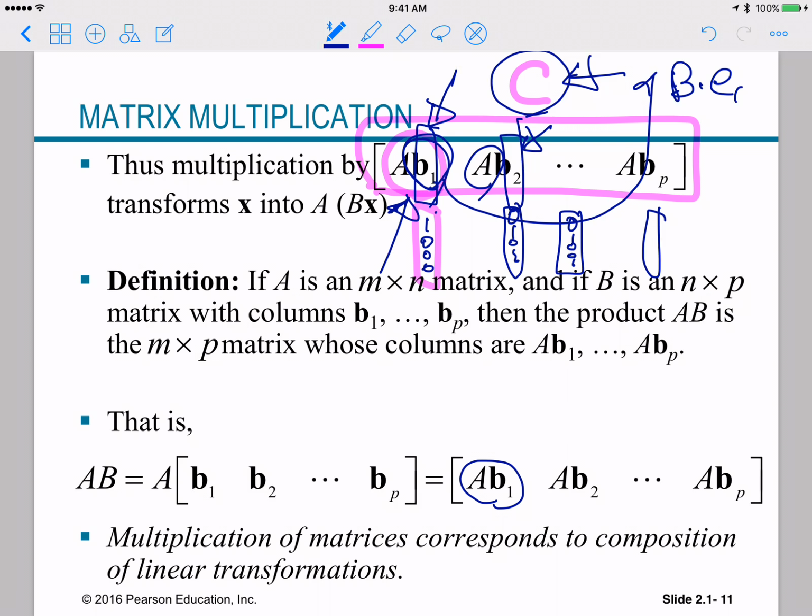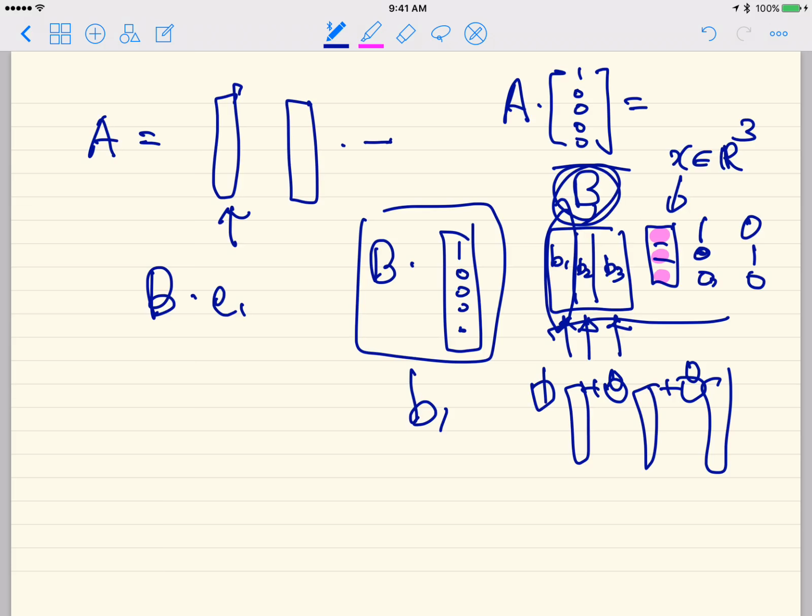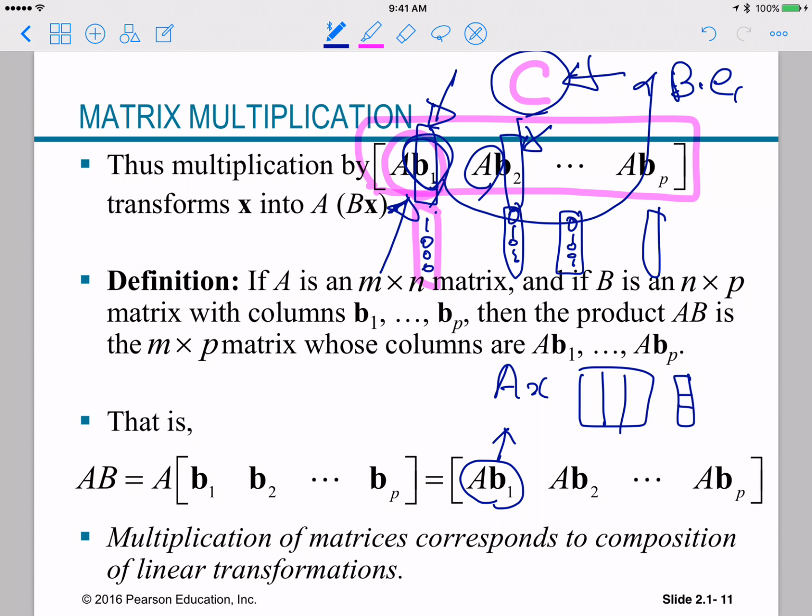A times B1 has a similar form to what we used with A times X. So let's consider A1, A2, A3 as our columns, and X1, X2, X3.